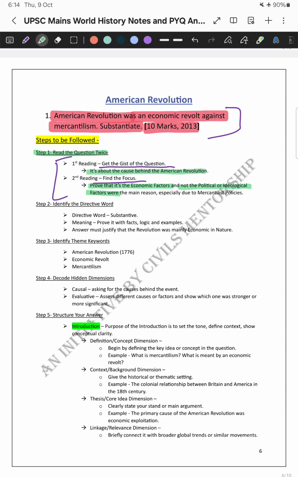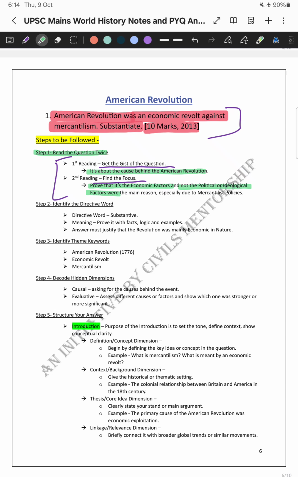Your first task is to read the question twice. On the first reading, just get the gist of the question. In this case, the question is asking about the cause behind the American Revolution.